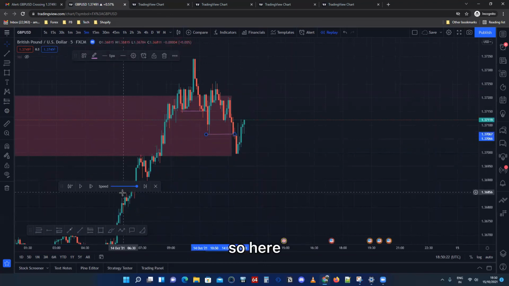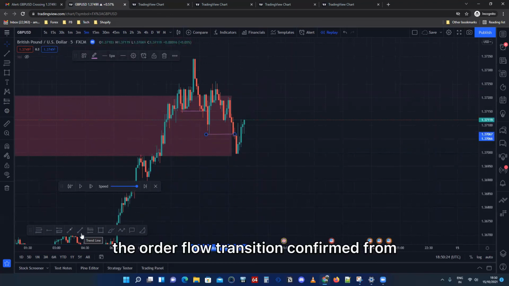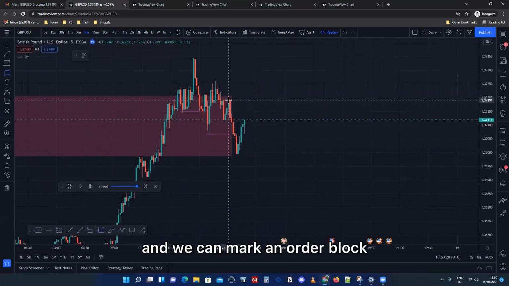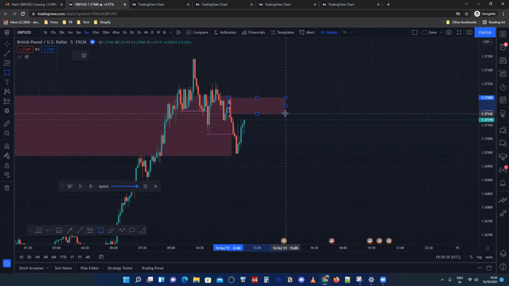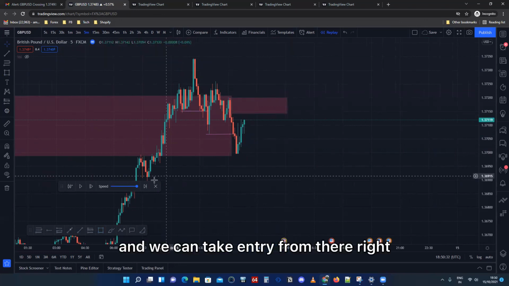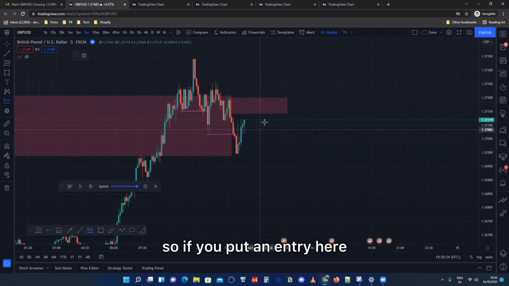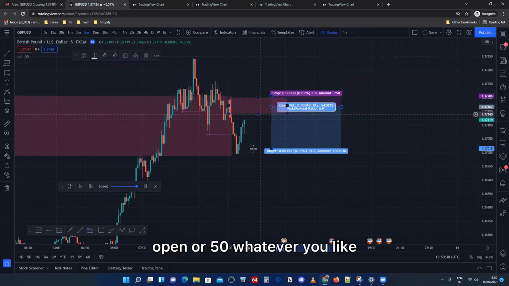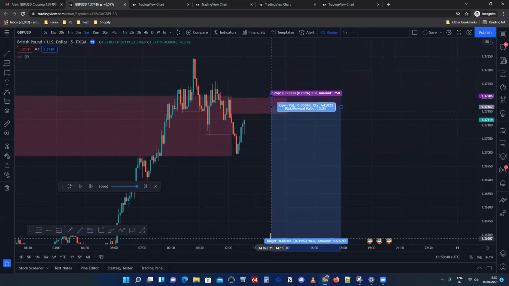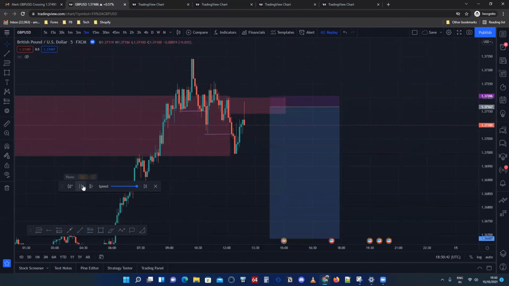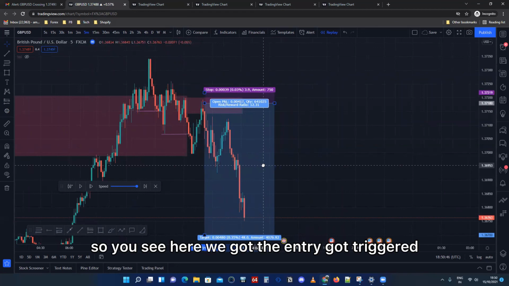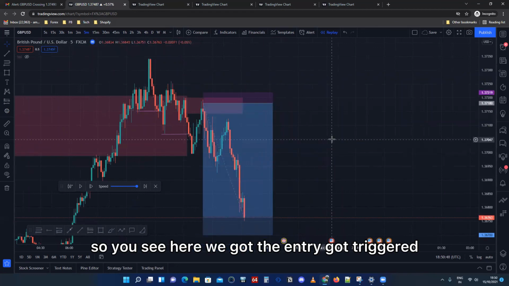So here the order flow transition is confirmed from bullish to bearish, and we can mark an order block. This is an order block, and we can take entry from there. If you put an entry here, open or 50%, whatever you like, you see the entry got triggered.